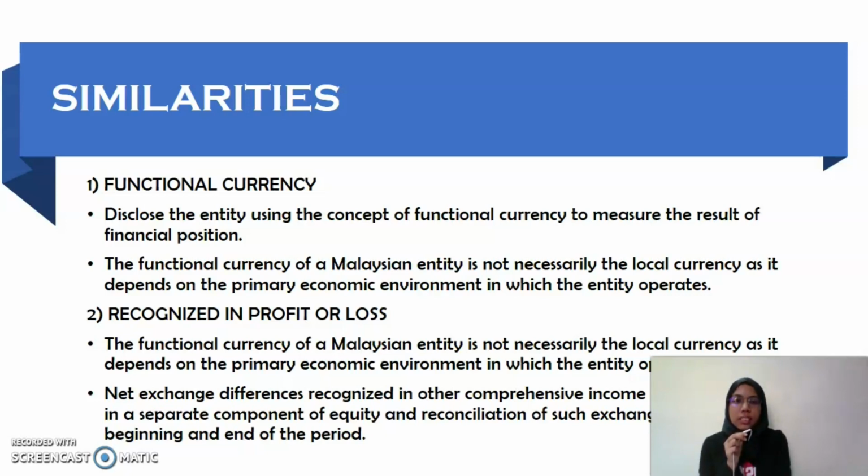The functional currency of a Malaysian entity is not necessarily the local currency, as it depends on the primary economic environment in which the entity operates. The second one is recognized in profit or loss.